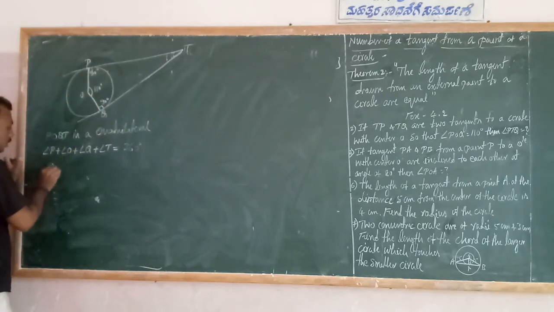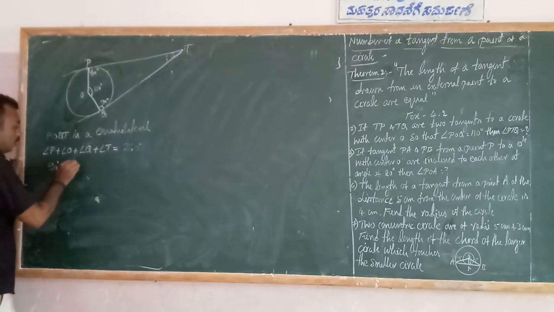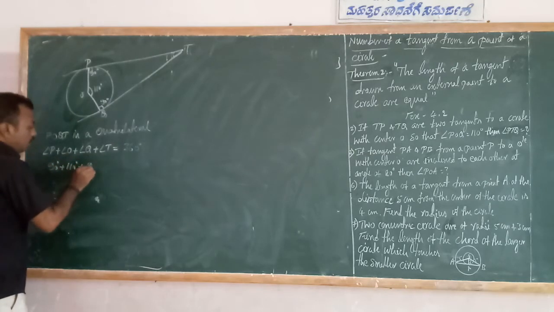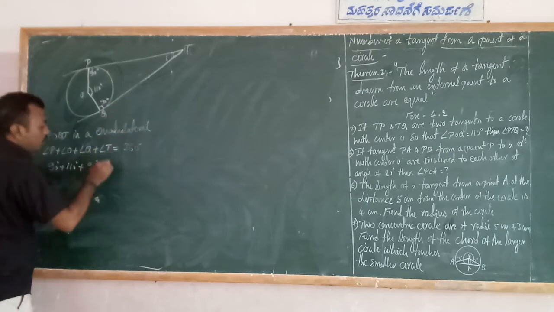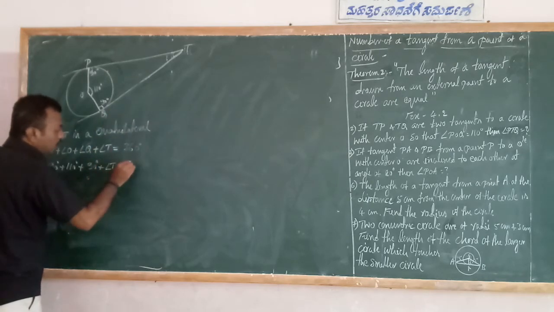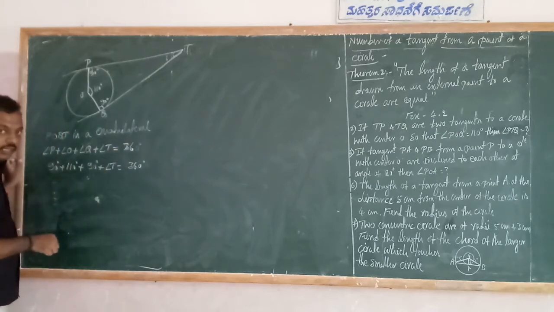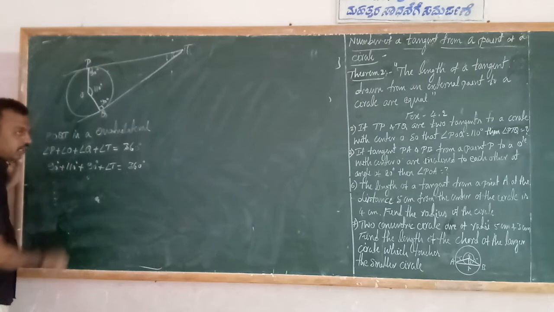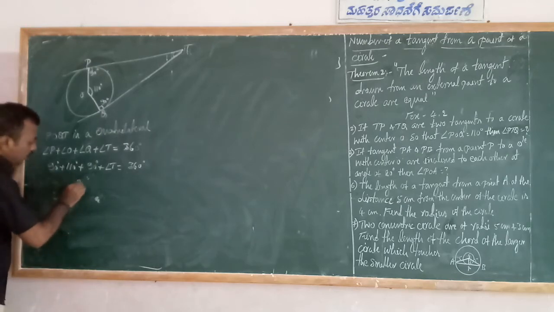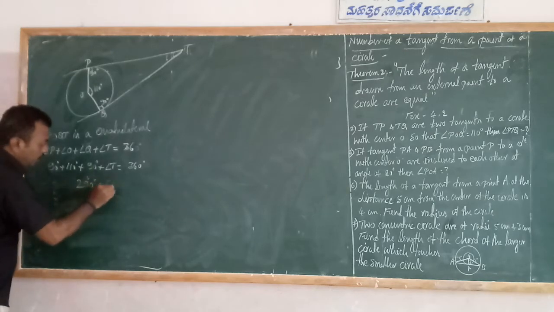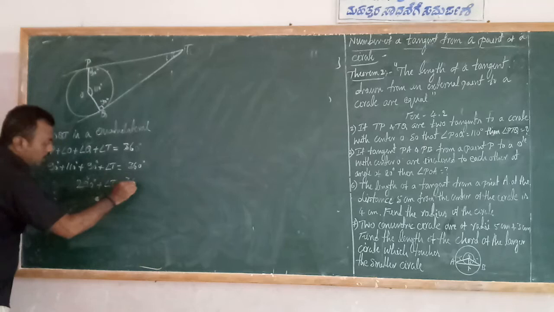So 90 degree plus angle O is 110 degree, angle Q is 90 degree, angle T we have to calculate, and it is equal to 360 degree. Next students, 90 plus 90, 180, 180 plus 100, 280, 280 plus 10, 290, is it right? 290 degree plus angle T is equal to 360 degree.